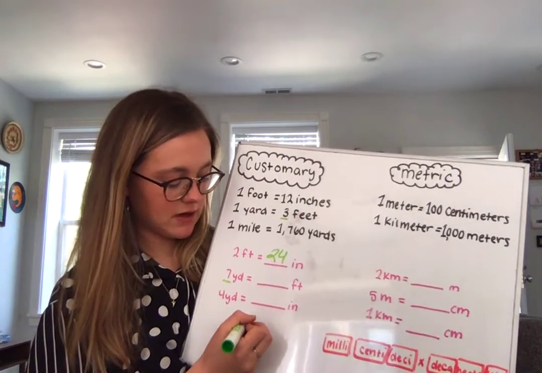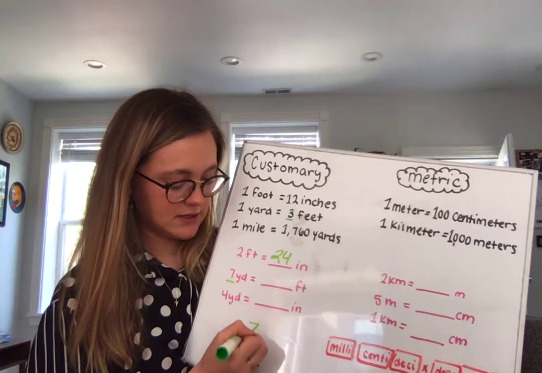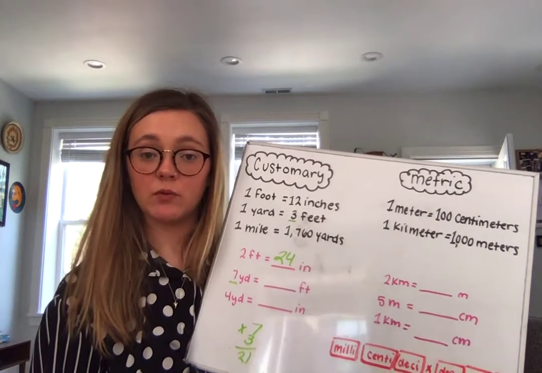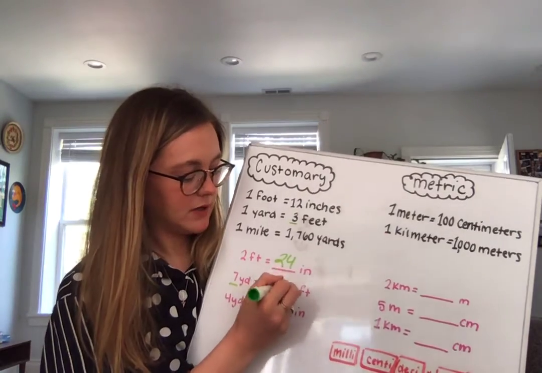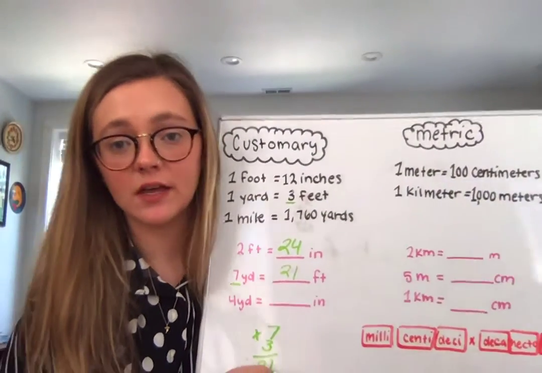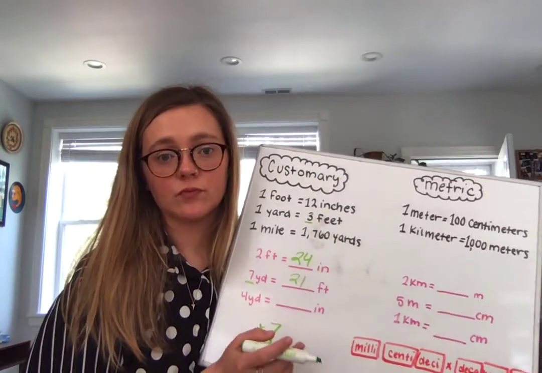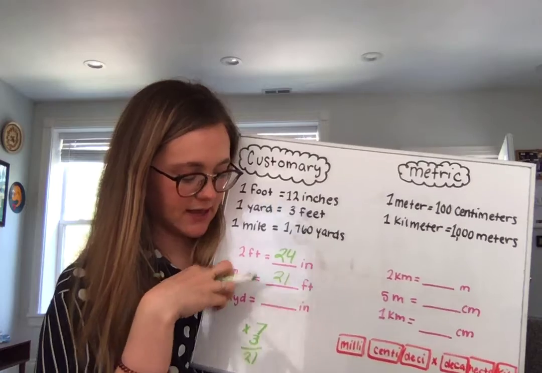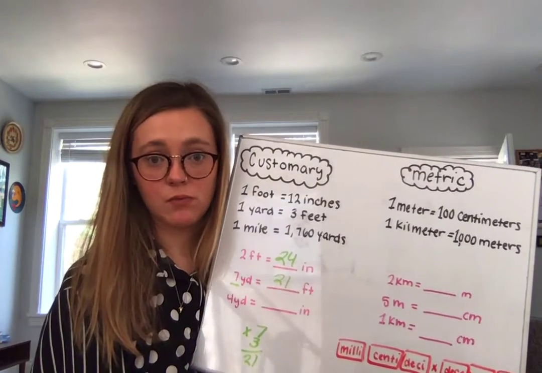Let's do that math down here. 7 times 3 is 21. So that means 7 yards is equal to 21 feet, because 1 yard is 3 feet, so 7 yards is 7 times 3, which is 21.